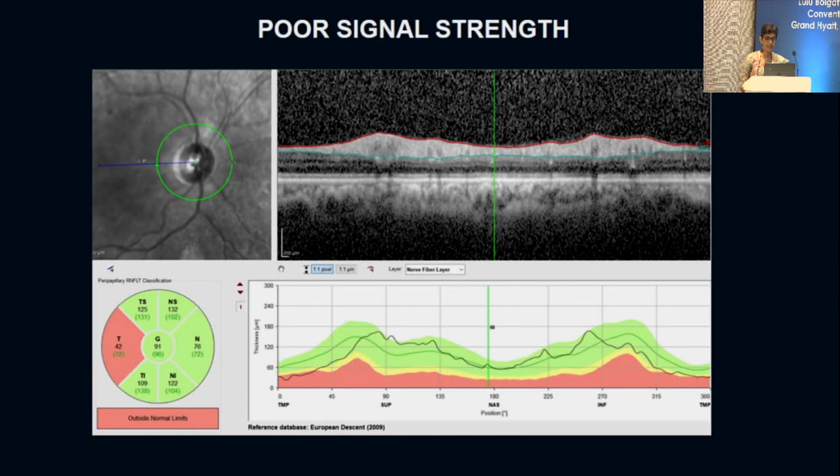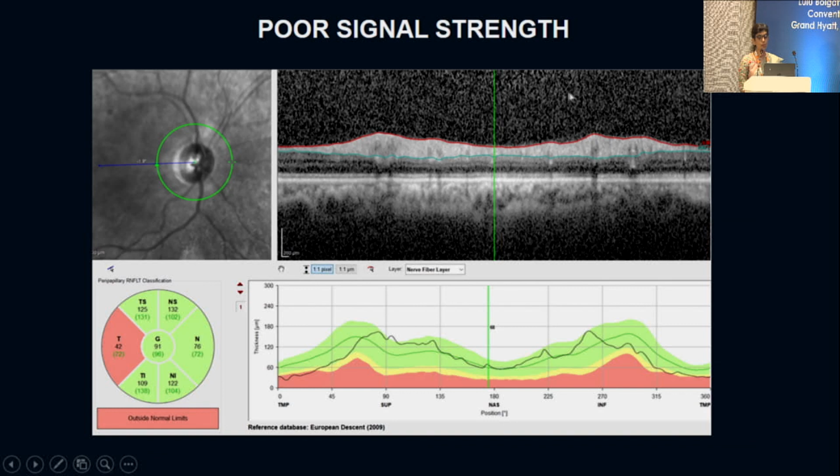A good signal strength shows that the fundus picture is uniformly illuminated and you will see the details very clearly. This is not a good signal strength, and therefore you can see that the temporal part of the fundus is poorly illuminated and the details of vessels are not clear. So you see that the pie chart of the fundus of this patient shows a red color.